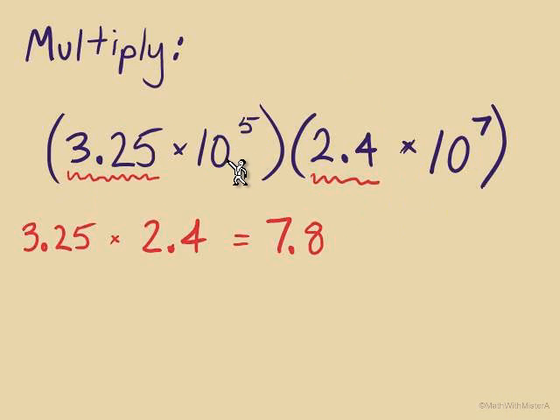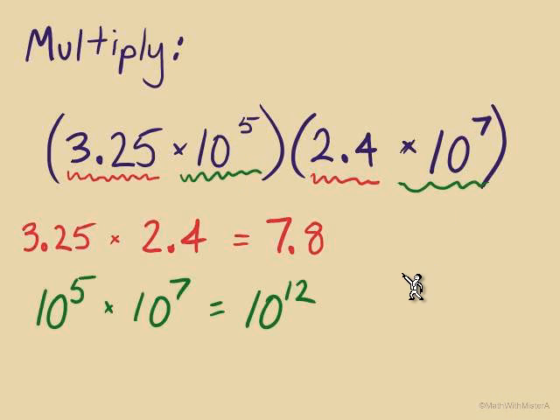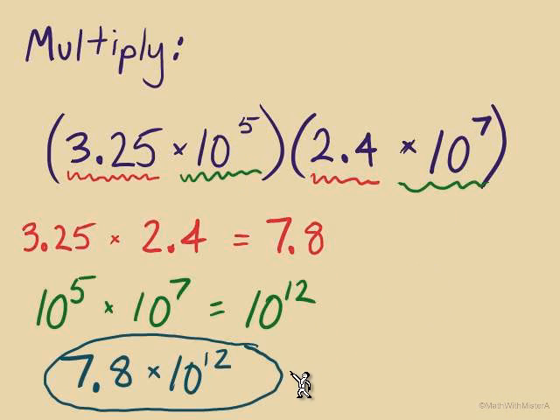And here, this 10 to the 5th is basically 10 times 10 times 10, 5 times. And now we're about to multiply 7 more 10s to it. So we got 10 multiplied 5 times here and 7 times there, for a total of 12 times. So our answer in scientific notation, 7.8 times 10 to the 12th.